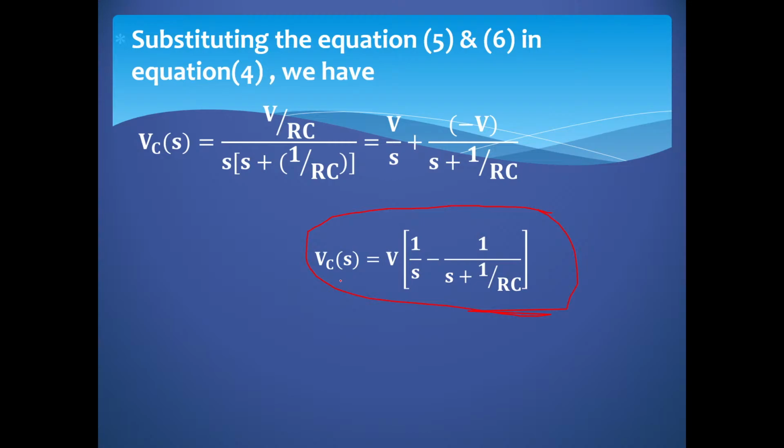Some of you might have a doubt about what is the need to determine this voltage in Laplace, and later convert that into time domain. This is one of the methods we are following to determine the voltage across the capacitor or current flow in the circuit. The method is the Laplace transformation method.